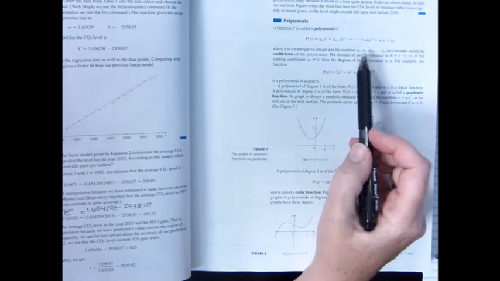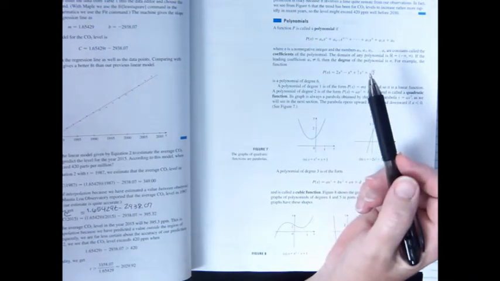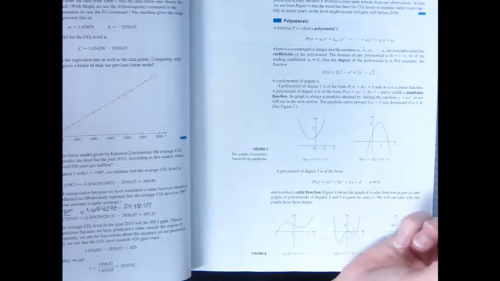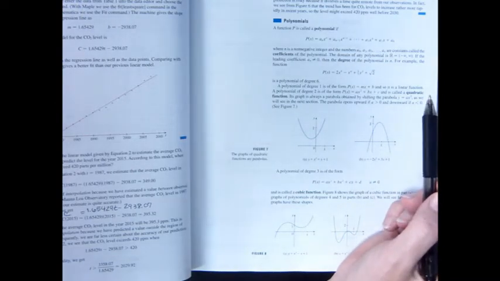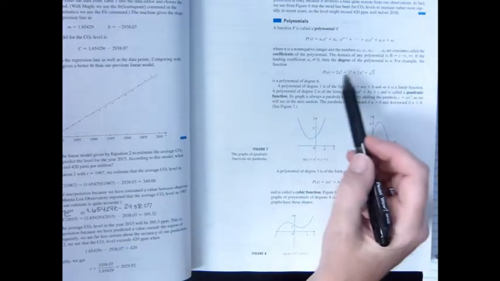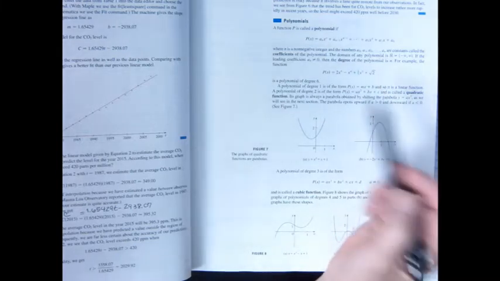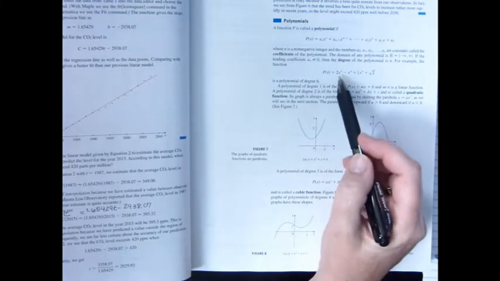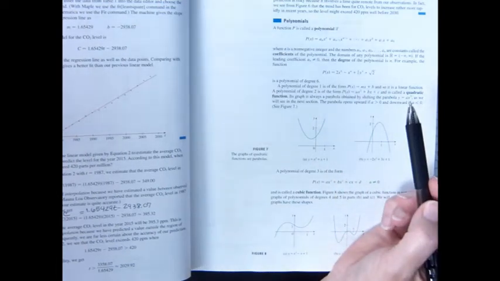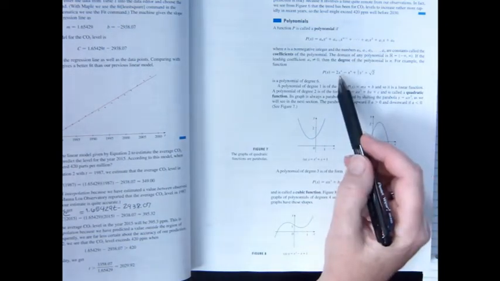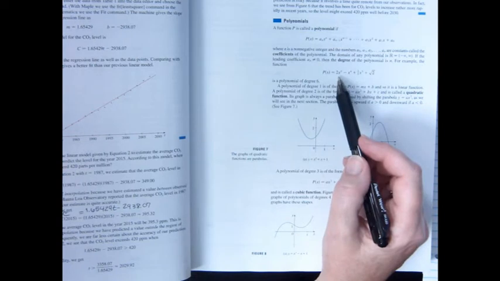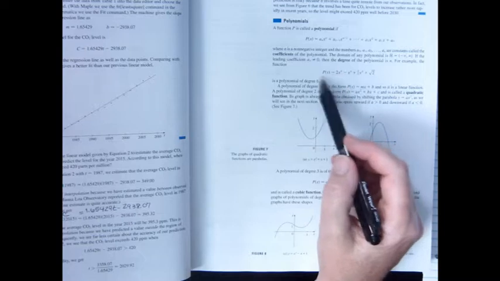When we're talking about a polynomial model, that means we could have a cubic equation, we could have a quadratic equation, we could have an equation such as this one right here. These are polynomial models, and this is of degree 6. The degree is always the highest exponent in the equation. So here we have a 6-degree equation for a polynomial model.